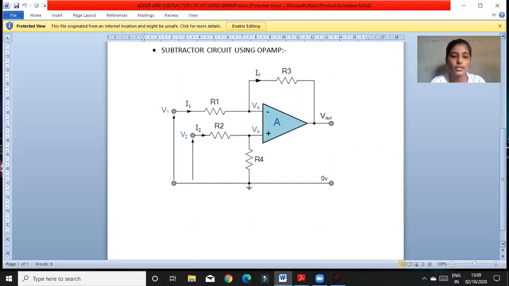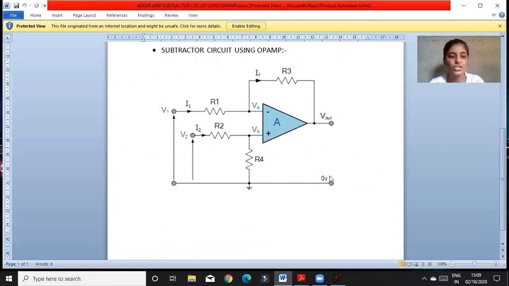And the subtractor, unlike a summing amplifier which sums the input voltages, if all of the resistors are of the same ohmic value, that is R1 equal to R2 equal to R3 equal to R4, then the circuit becomes a unity gain differential amplifier, and the voltage gain of the amplifier will be exactly 1, or unity.